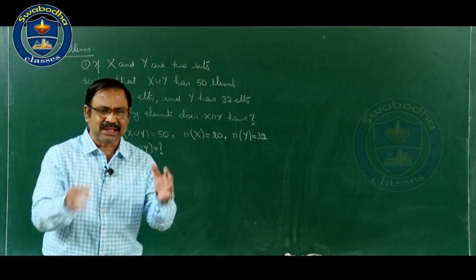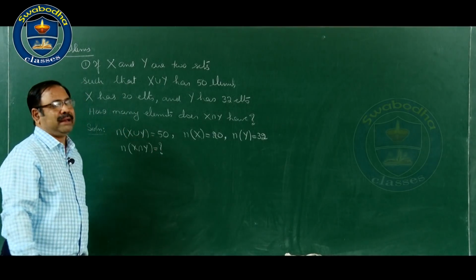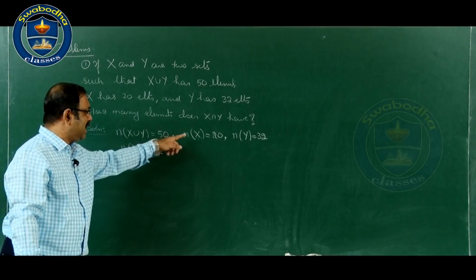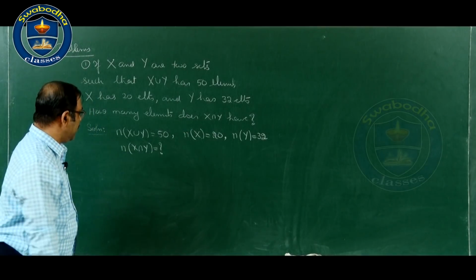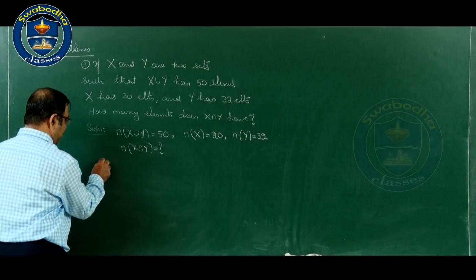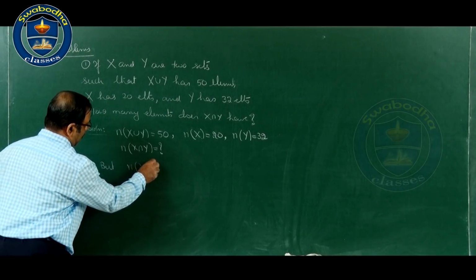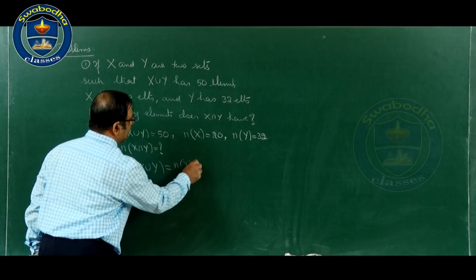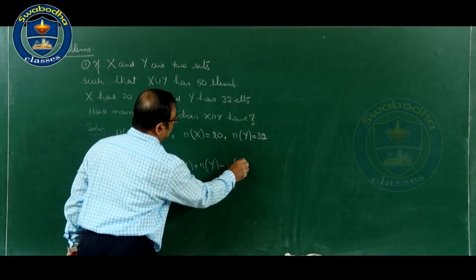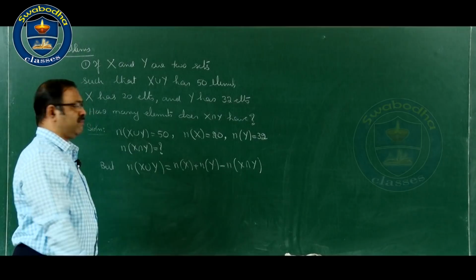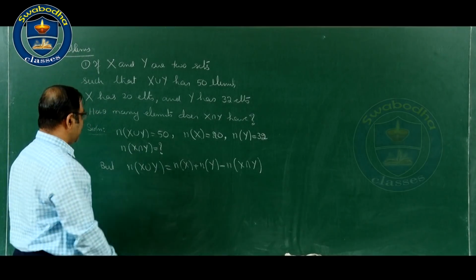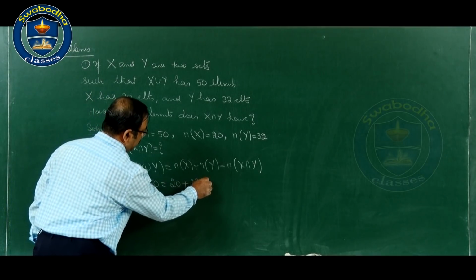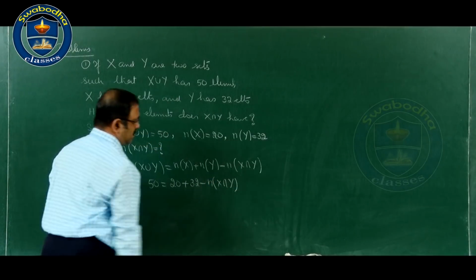So first you have to write down the given terms. What are the given terms? N of x union y, n of x, n of y are given. Now you can write the formula. n of x union y is equal to n of x plus n of y minus n of x intersection y. What is n of x union y? 50. This is 20, y 32, minus x intersection y.